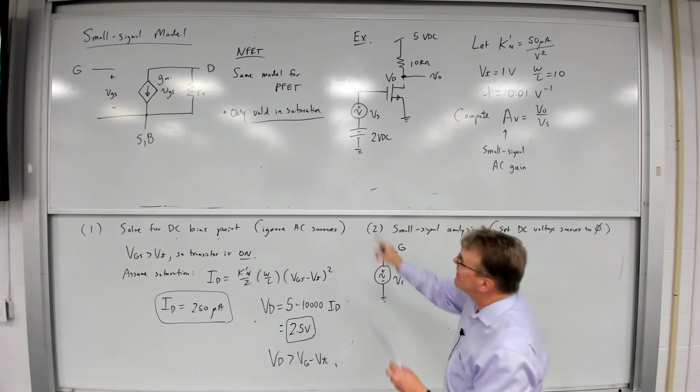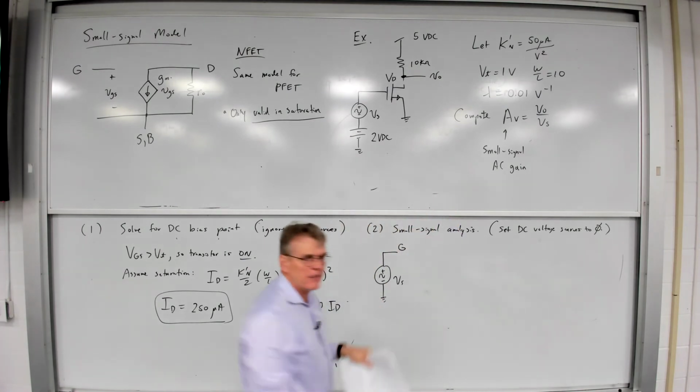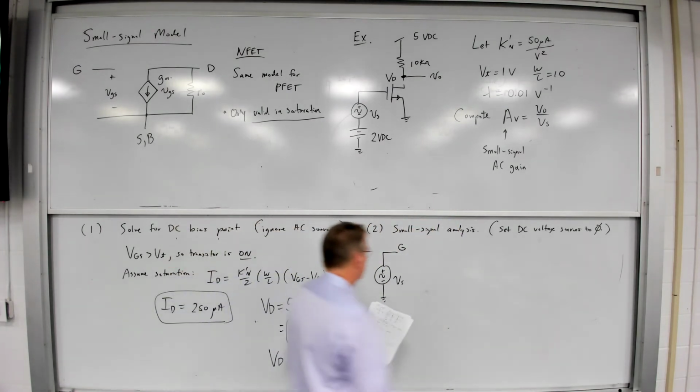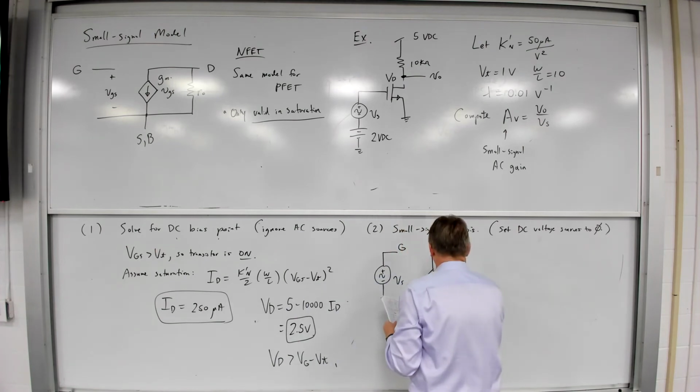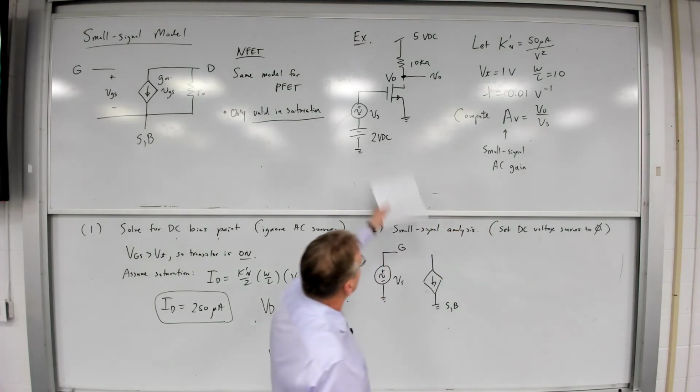Now I'm just going to take that model, and I'm going to take that circuit, and I'm going to plug it in here. My source and bulk terminal is just grounded.